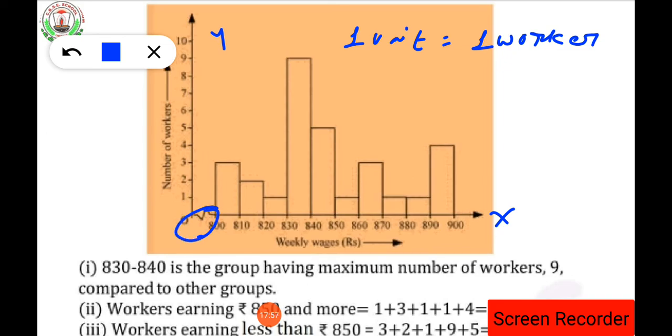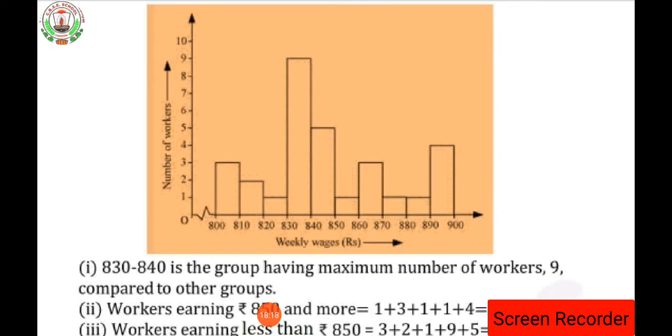Because the data on the x-axis is not starting from 0. It starts from 800. From 0 to 800 many numbers are there, like 1, 2, 100, 200, 300. That data is not starting from 0, isn't it? It starts from 800. That's why a zigzag path is noted in the histogram.